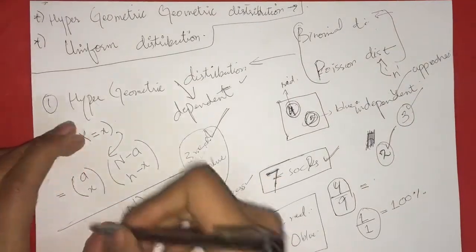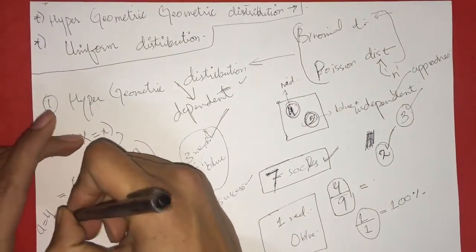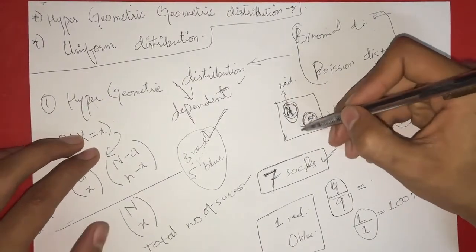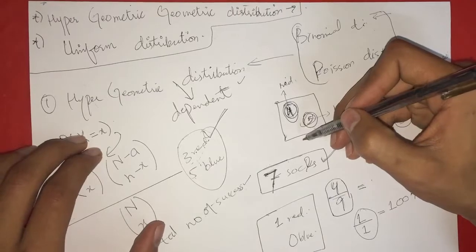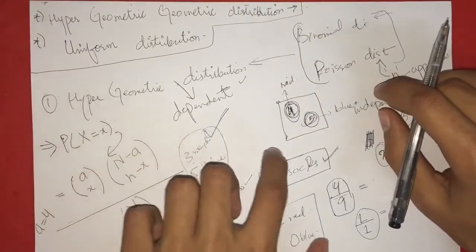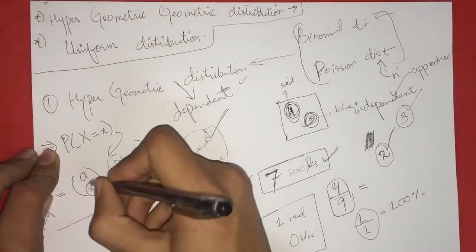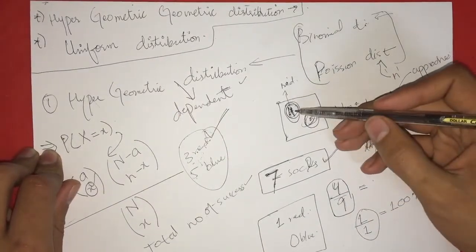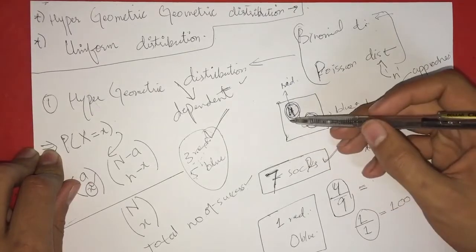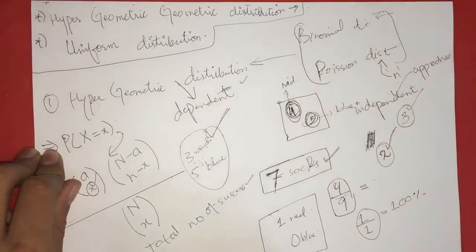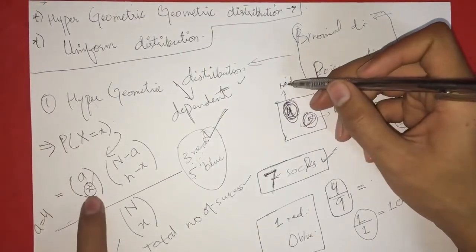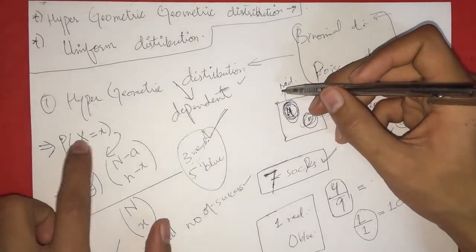So here our a can be 4, because the total number of objects you're interested in, in that population, is your a. That means the total number of successes, the red socks, is 4.